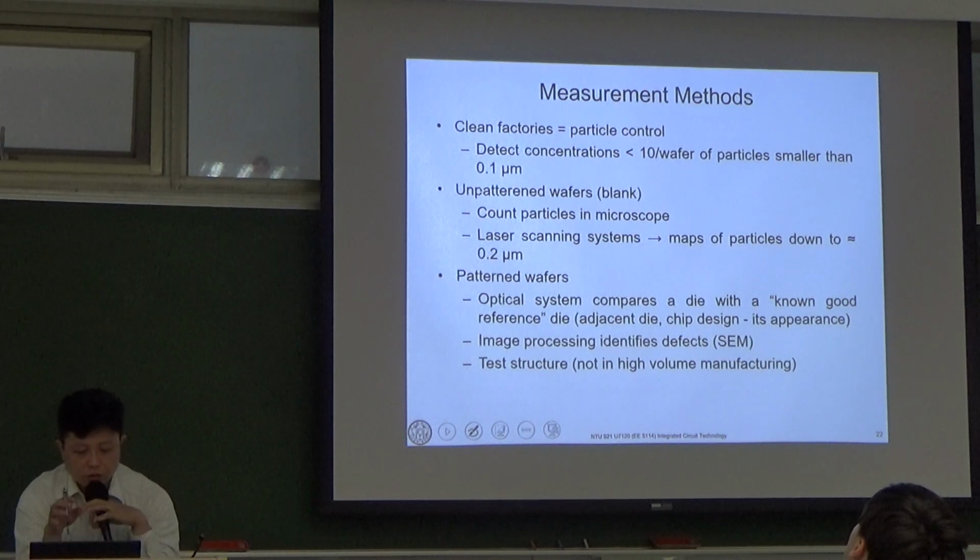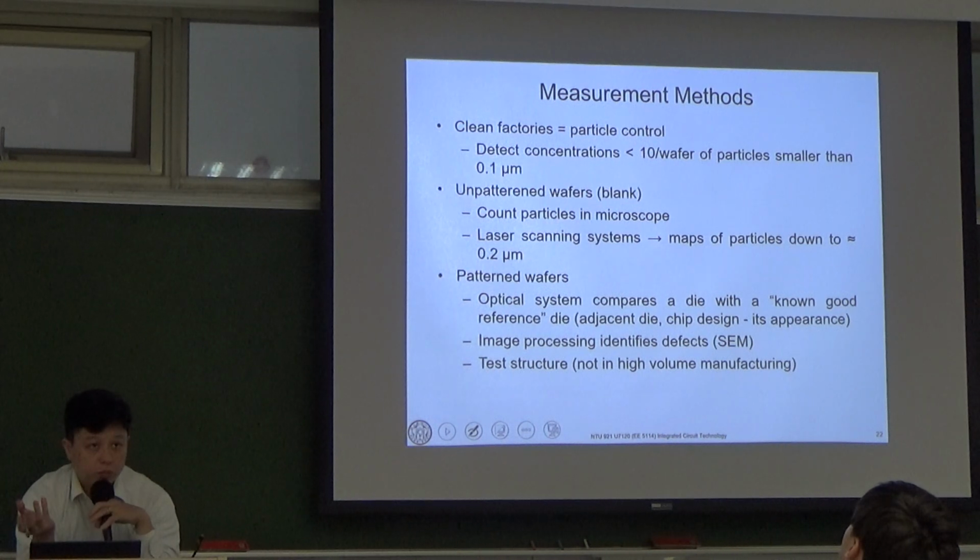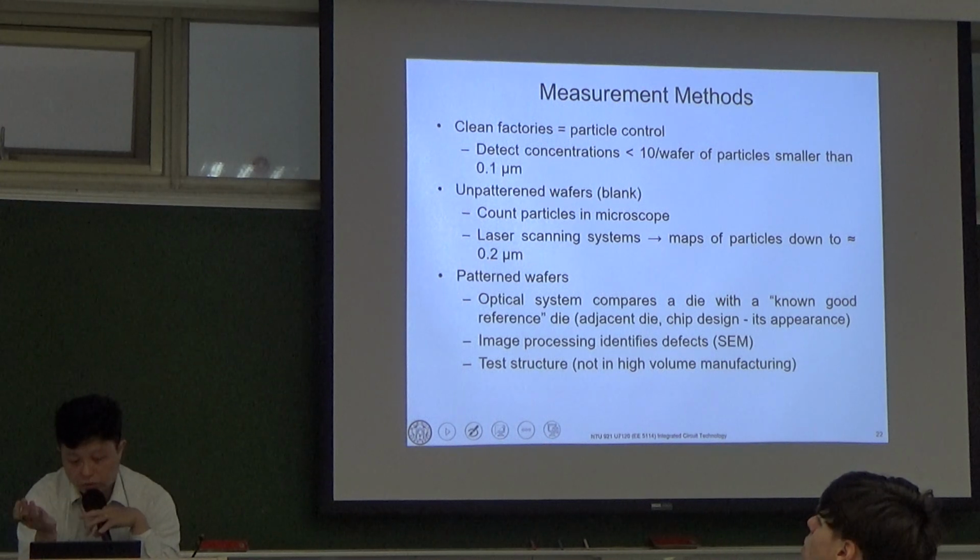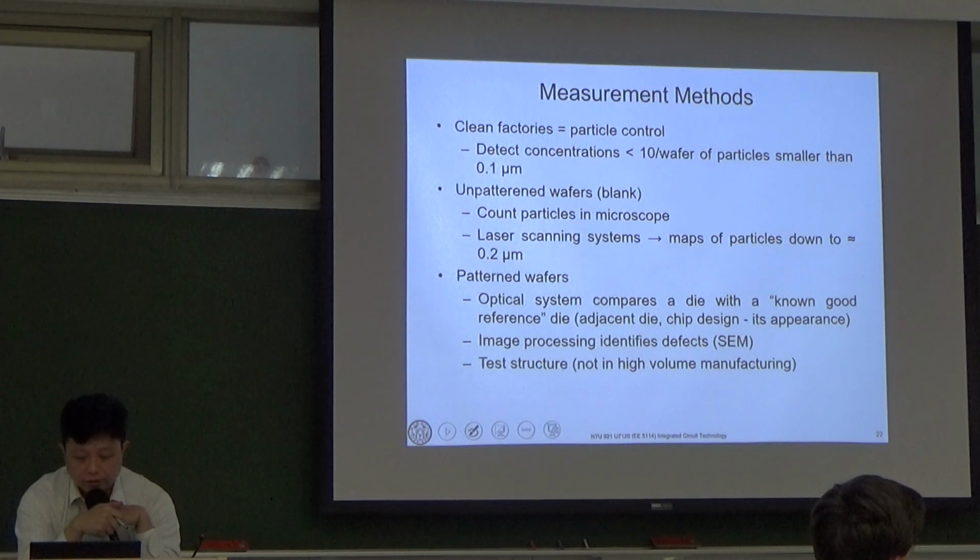For the clean room, those particles, we can just use a microscope or some optical way to scan, to see the scattering. If you have some particles on top of your wafers, they will scatter the light.